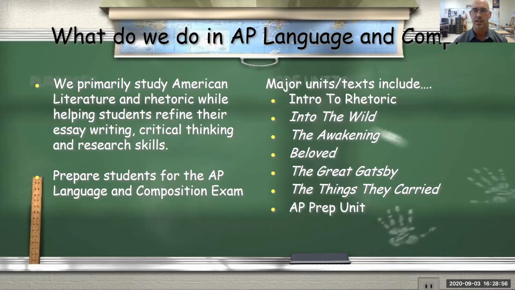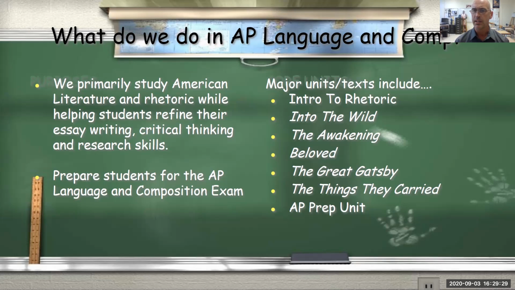So the overview of the course, it's really a combination of American literature and the study of rhetoric, and especially the latter is what helps prepare students for the AP Language and Composition exam. Our major units: we typically start out with an intro to rhetoric, which, at least the last couple of years, I combine with John Krakauer's Into the Wild.